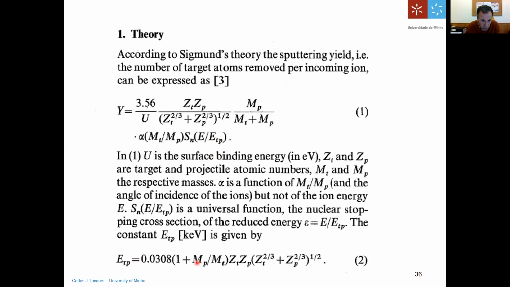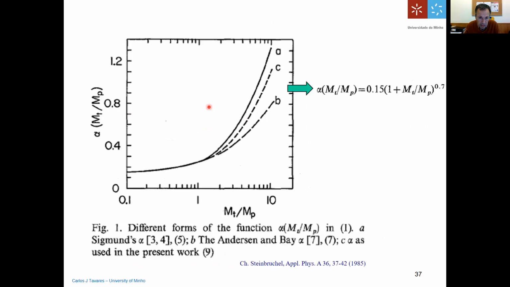It's also a function only of the masses of the projectiles, for example the argon ions, and the mass of the target elements. From this you can predict the sputtering yield of a specific element of the target when you use a specific projectile atom as a working gas.